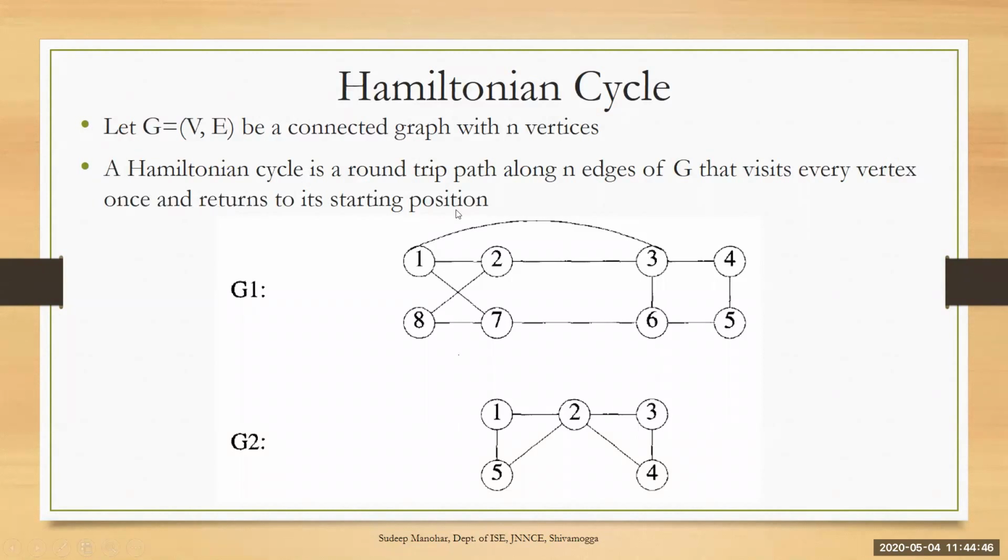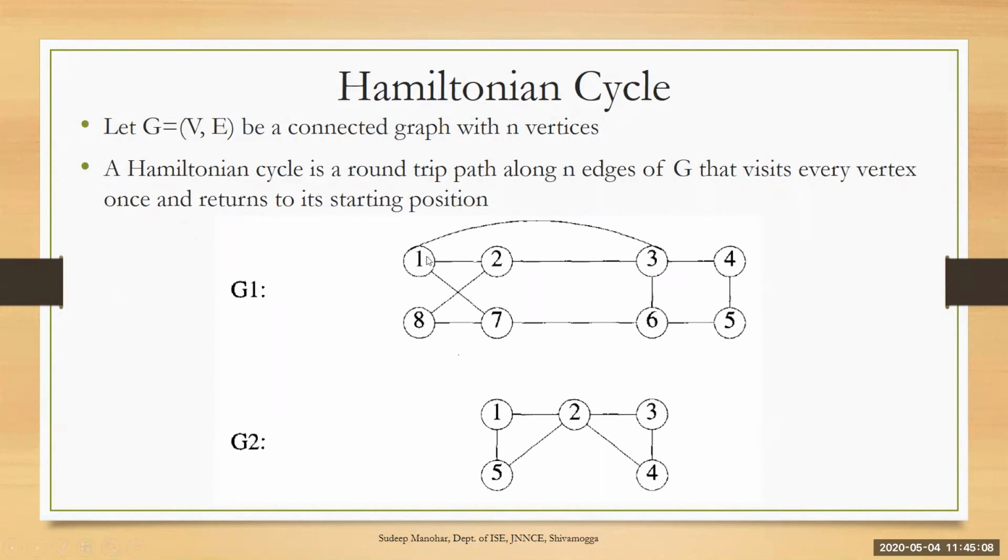So you should be able to cover all the vertices, and you should make use of n edges, and you should start from one point and come to the same starting point covering all the vertices. If such a cycle exists, we call that cycle a Hamiltonian cycle.